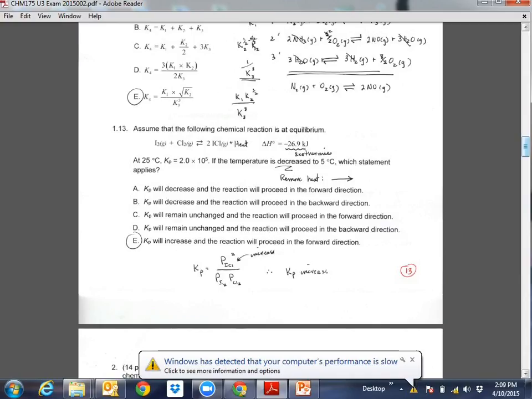Since we're decreasing the temperature, we are removing heat, so it's a pulling sort of effect, and your product is going to increase. I wrote the KP expression down here. What that means is you will get a new KP, and your new KP is going to be higher than your old KP. So E is the best answer there.